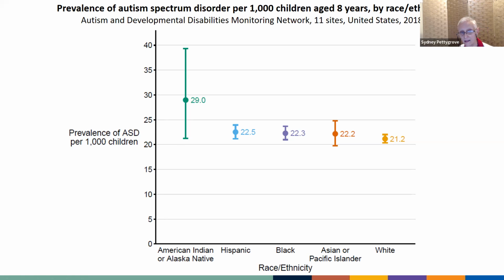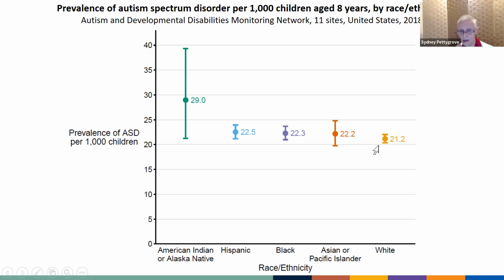So you can see that the Hispanic and Black and Asian Pacific Islander populations all look pretty similar, and not that different from the white prevalence.